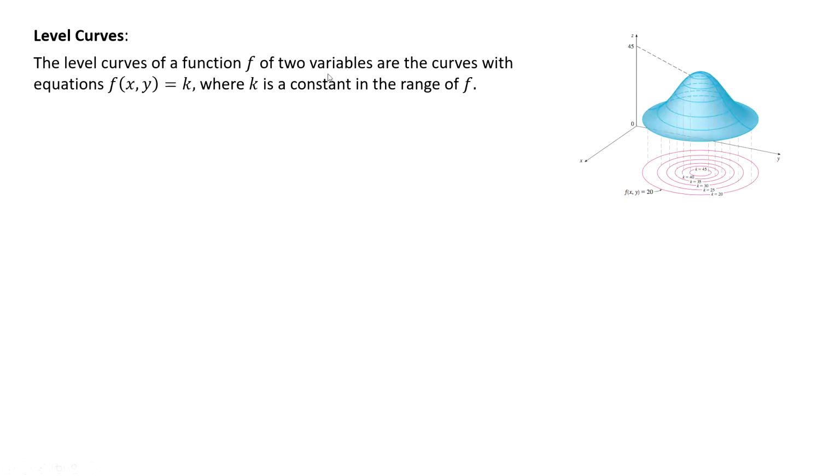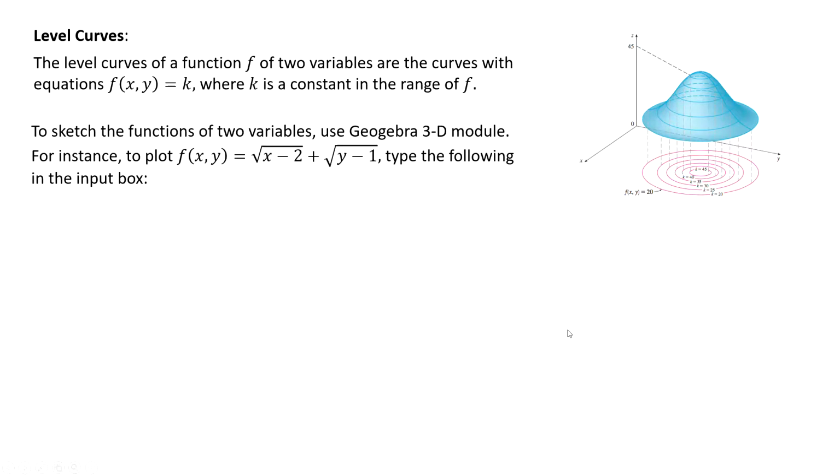The level curves of this function f of two variables x and y are all of these. Cool. Should I go to this directly? To sketch the functions of two variables, maybe I'll just go directly to that.